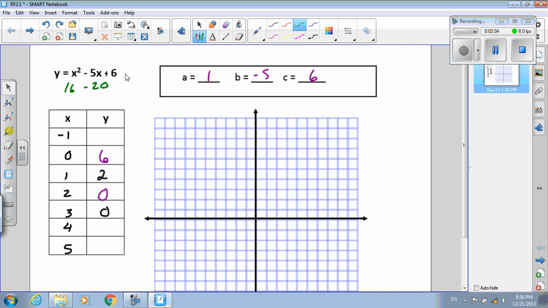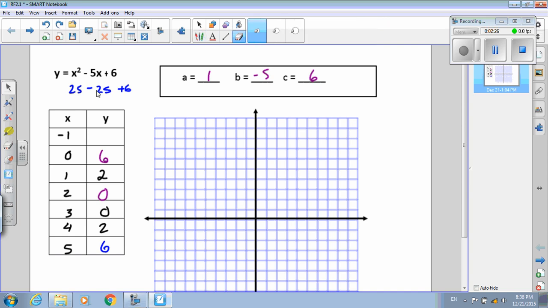So that's negative 4 plus 6, which gives me 2. And then finally, let's take a look at 5 squared, which is 25. Negative 5 times 5 is negative 25, and plus 6, which gives me 6.